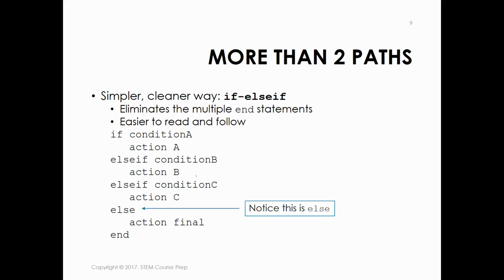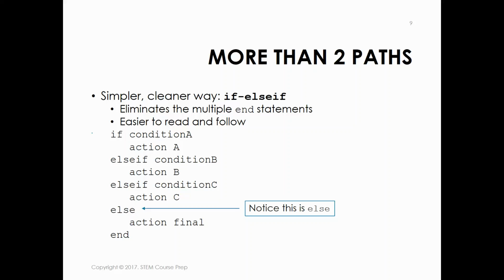So this is typically how people are going to type these out in MATLAB. They're just going to use the if with the else if. So let's read through this. So again, if the condition A is true, we're going to do action A. Else, if condition B is true, we'll do action B. Else, if condition C is true, we do action C. And then this else here is kind of like otherwise, we're going to do this final action.